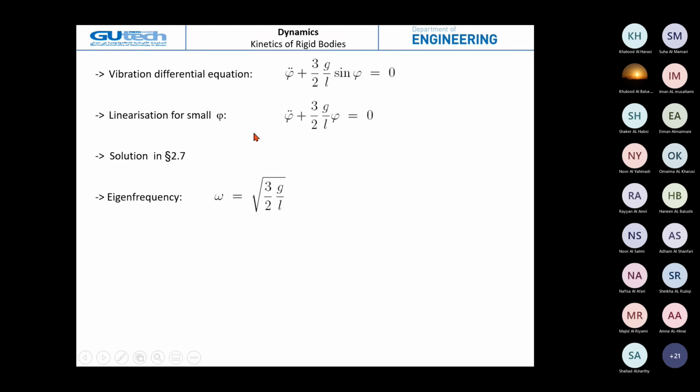Then we get this equation, where 3/2 multiplied by g divided by L is only the eigenfrequency, which is omega squared here. We have seen this, the same example, in chapter 2.7.